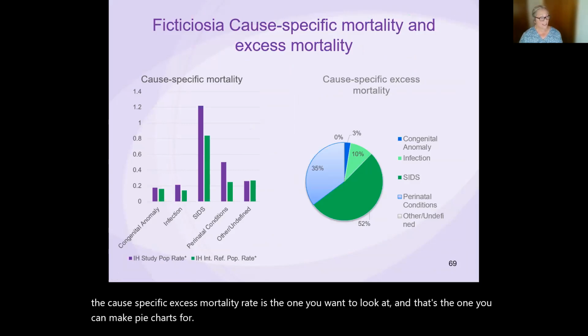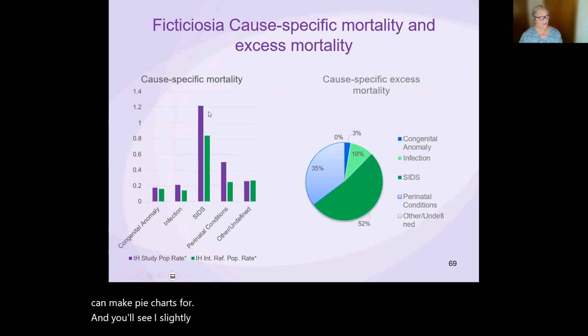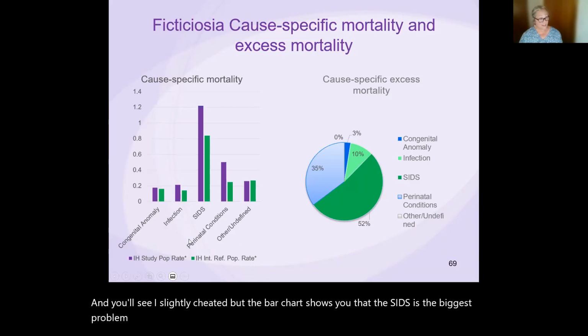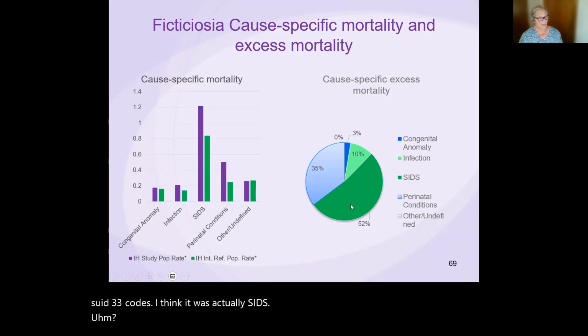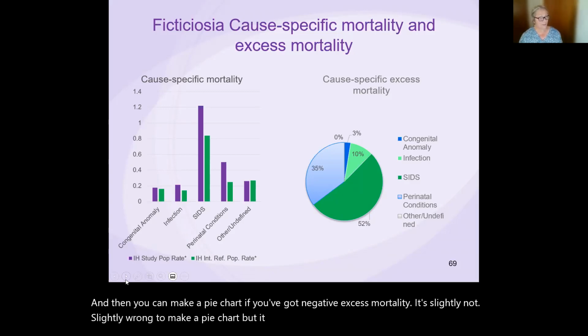And you'll see I slightly cheated. But the bar chart shows you that SIDS is the biggest problem. And I didn't get this data, so I don't know if it was really SIDS or if it was the SUID 3 codes. I think it was actually SIDS. And then you can make a pie chart. If you've got negative excess mortality, it's slightly wrong to make a pie chart, but this kind of thing will help your community understand what's going on in that period of risk.